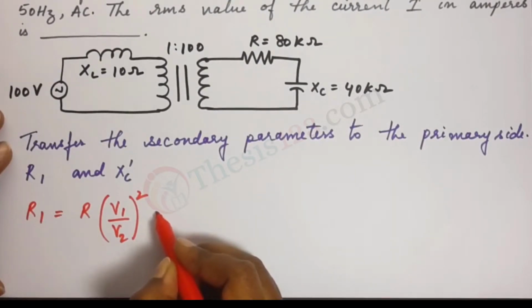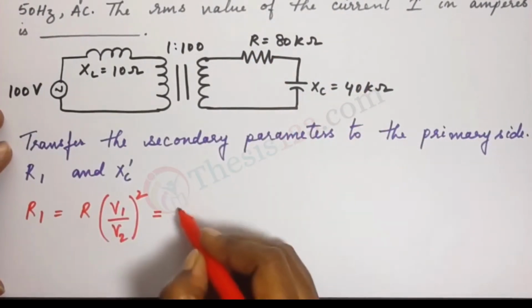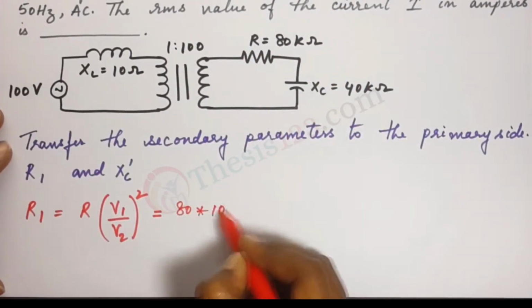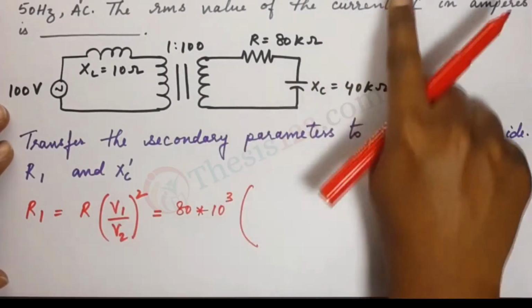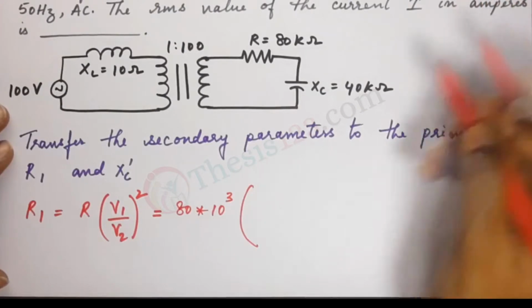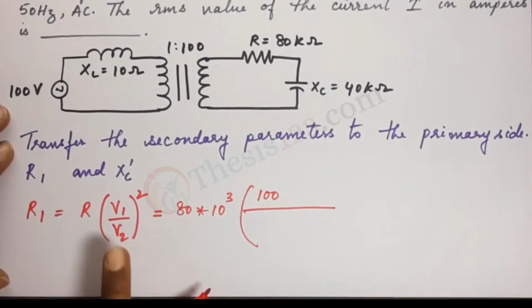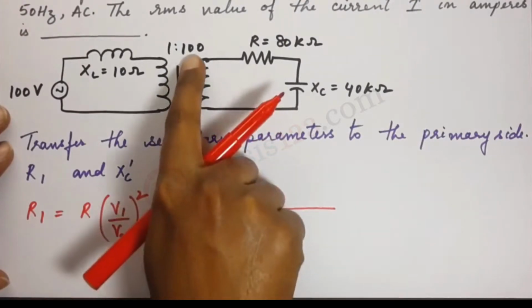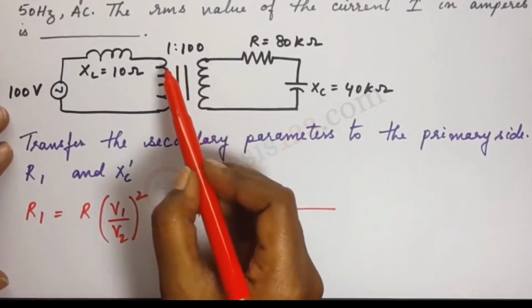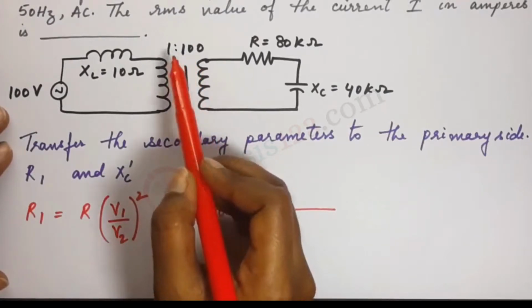Now if we substitute the values, R is given to us as 80K, 80 into 10 power 3, and V1 is given as 100 volts RMS. So that's 100 divided by V2. The ratio is given as 1:100, and this ratio tells us what V2 is.